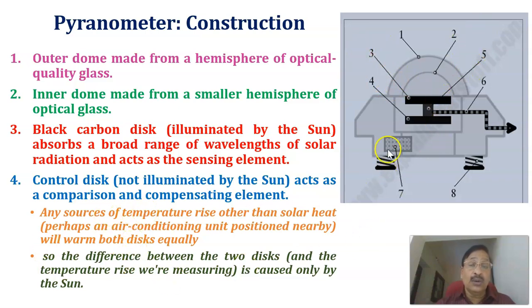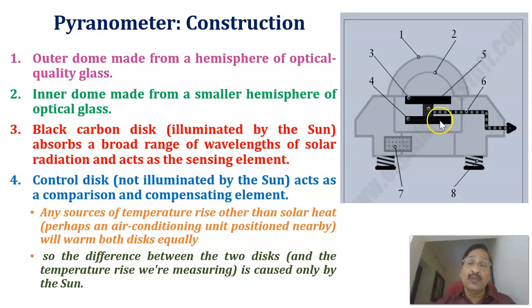Why are we calling this a compensation disc? Any source of temperature rise other than solar heat acts as noise. Any noise that comes here will affect both, so it gets cancelled. Perhaps the air conditioning unit positioned nearby will be warming both discs, and therefore that equally gets cancelled.